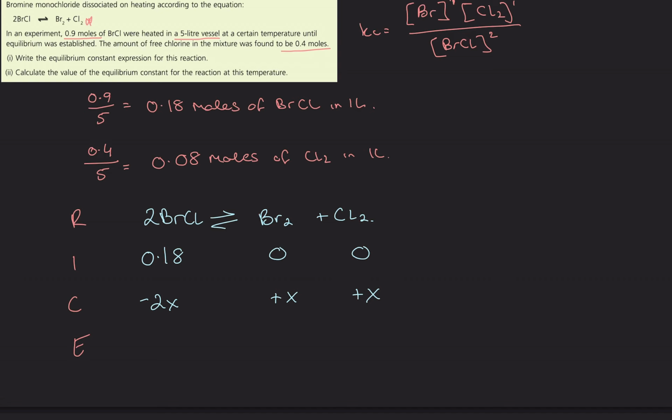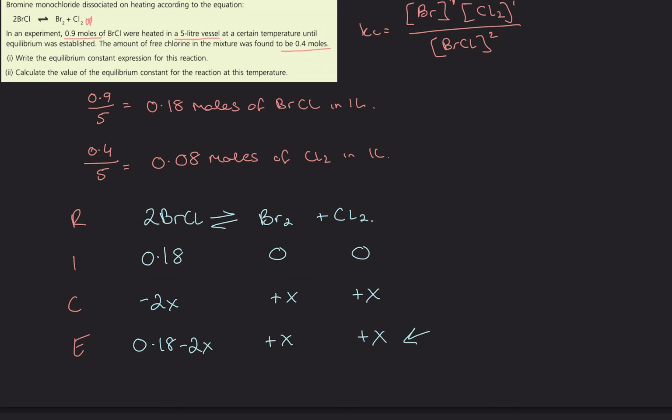Okay, so that's going to change at equilibrium to be 0.18 minus the change, 0 plus the change, which would be plus x, and the same thing over here. So your rice chart is done. And we do have the amount of moles of chlorine at equilibrium, which is here, so plus x.